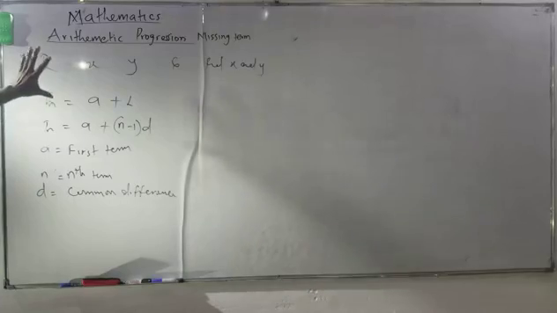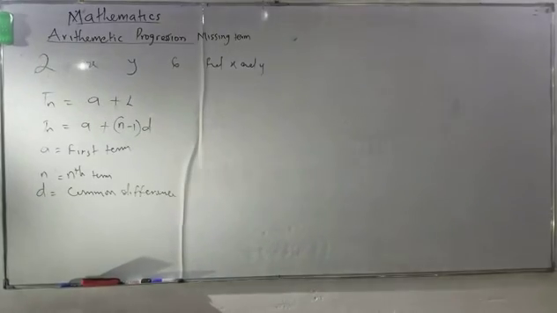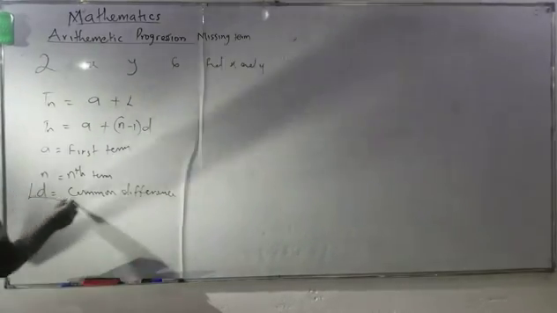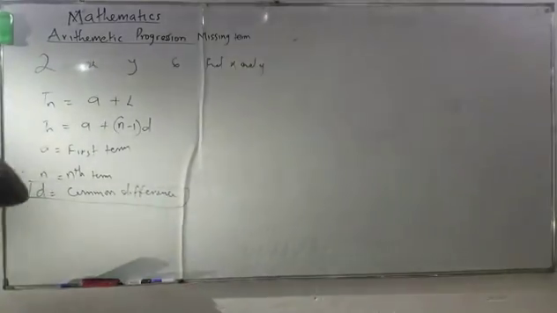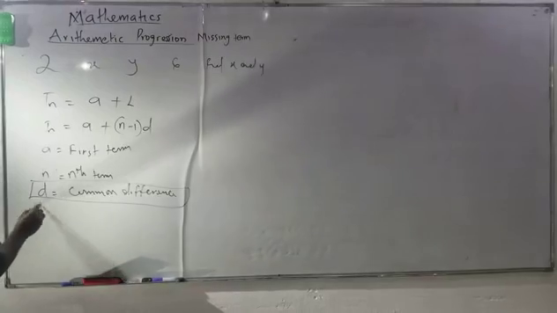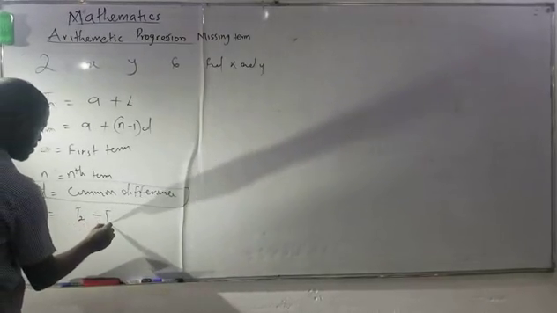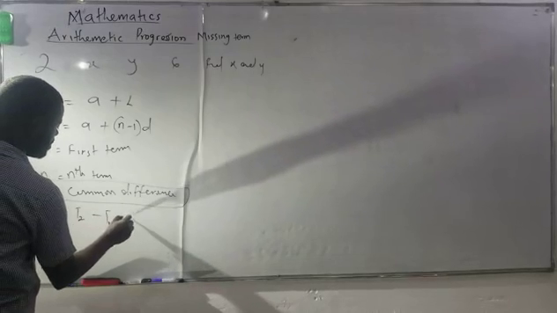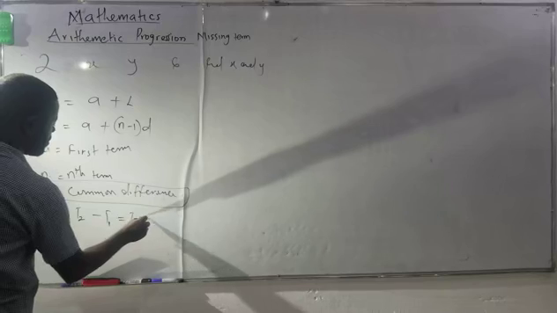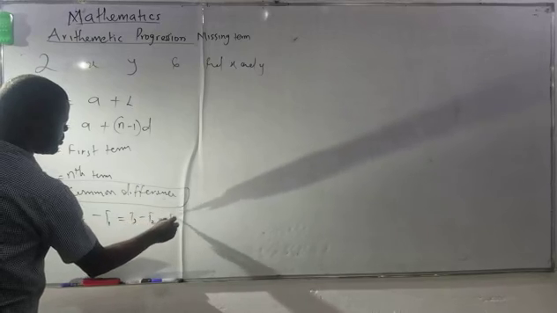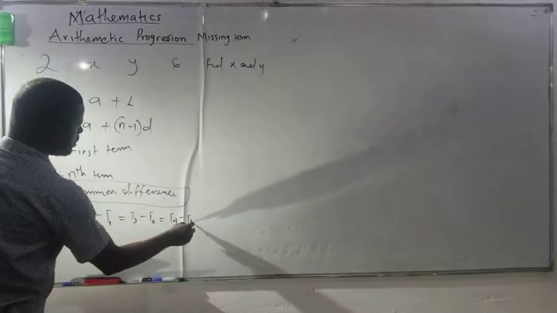Now, whenever you have this type of problem, you apply this particular one, which is called common difference. How do I apply it? We're told that d equals T2 minus T1 equals T3 minus T2 equals T4 minus T3, and so on.